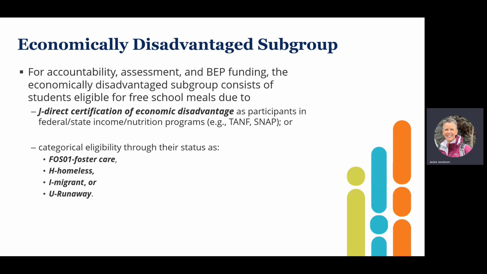A reminder about that economically disadvantaged subgroup. For accountability, assessment, and funding purposes, that subgroup consists of students eligible for free school meals due to their economic disadvantage because of their participation in a program like TANF or SNAP, or their categoric eligibility through status as FOS01 foster care, homeless, immigrant, or runaway.